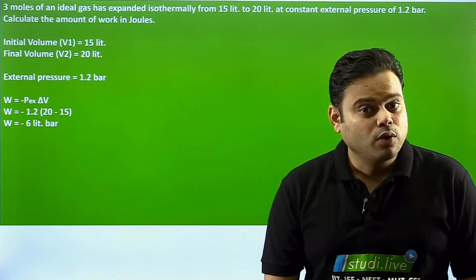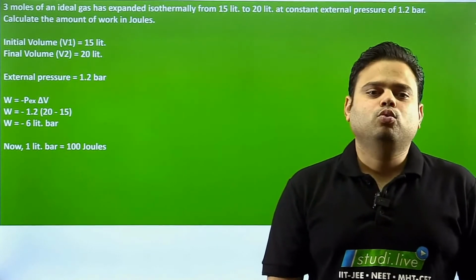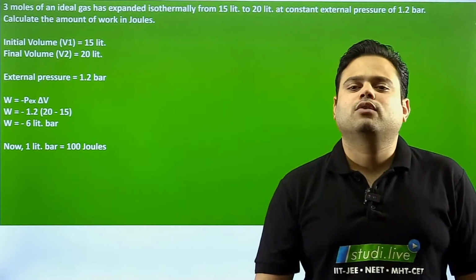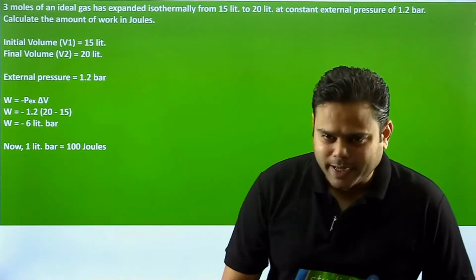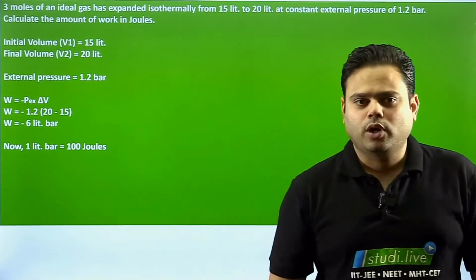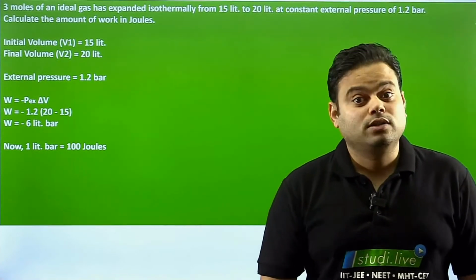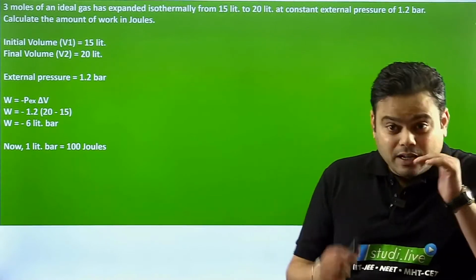This is the work. Now what is important to understand? Negative sign over there indicates that it is work of expansion. Negative sign has no mathematical significance. Okay. Now 1 liter bar is 100 joules. Remember this conversion fact. 1 liter bar is 100 joules.